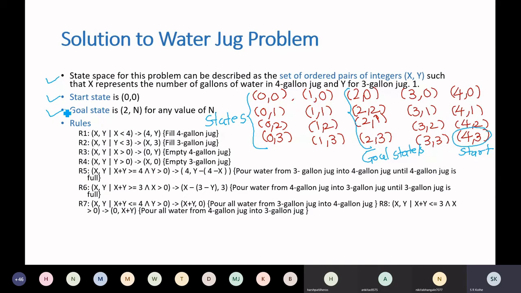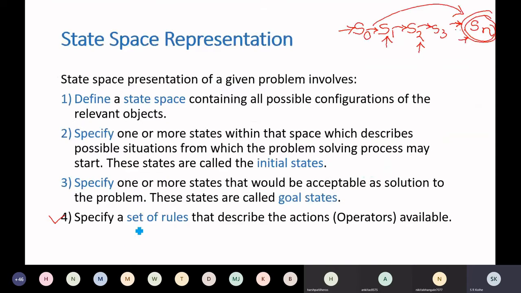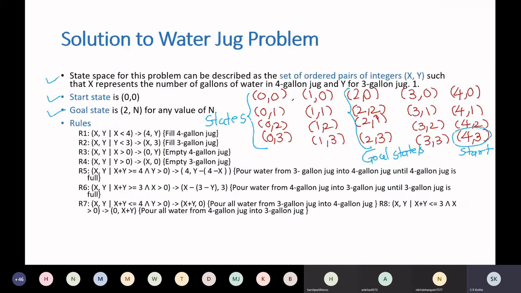Now the fourth step is, let us go back: define a set of rules that describe the actions or operators available. Now in the water jug problem, from the problem you can construct a set of rules. For example, rule number 1, R1. R1 is a rule something like this: (x, y) such that if x is less than 4, that gives (4, y). Now what is (x, y) here?